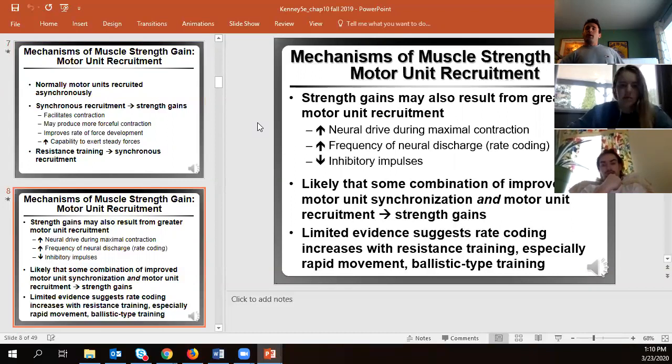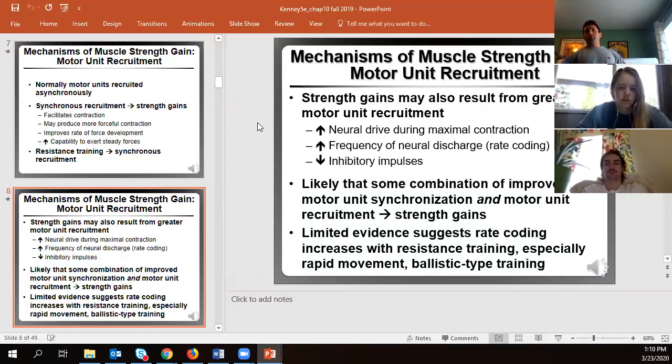We're also going to find that we're going to enhance our neural drive. So we're going to be tapping into those bigger type 2 fibers more efficiently and more effectively. And we're going to be able to send those signals at a much faster rate, along with shutting down that inhibition that we have through the Golgi tendon organ and a couple of other rate limiters on the body that are there to really keep you safe. So what we're going to find is that the overall improvement in strength and performance is coming from all of those modifications.